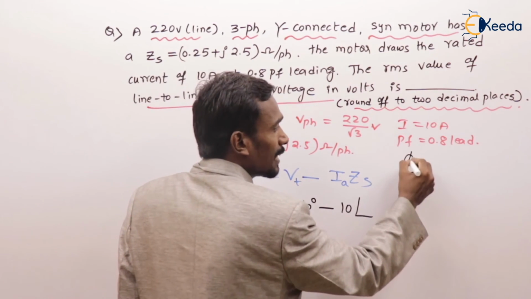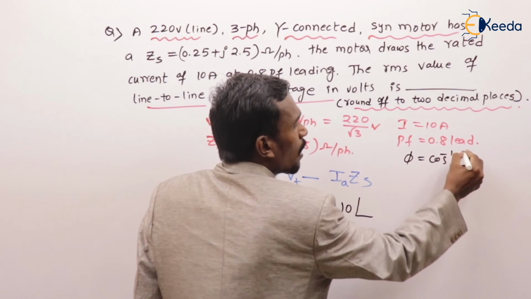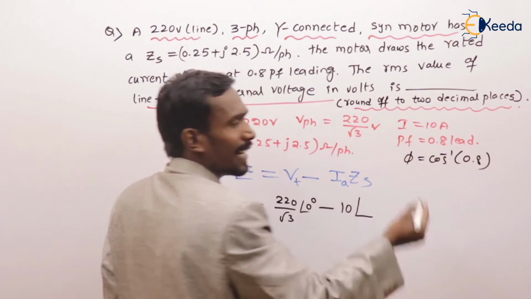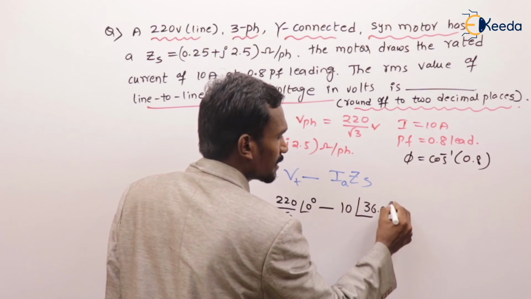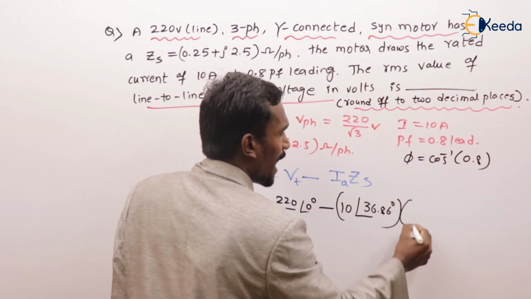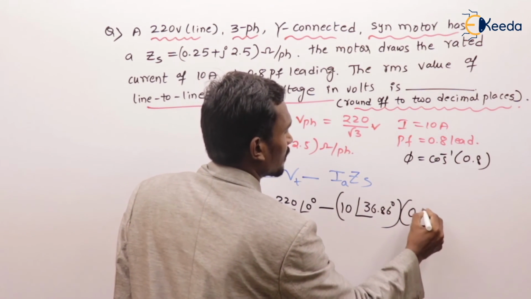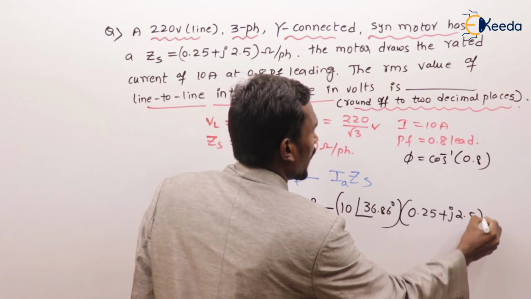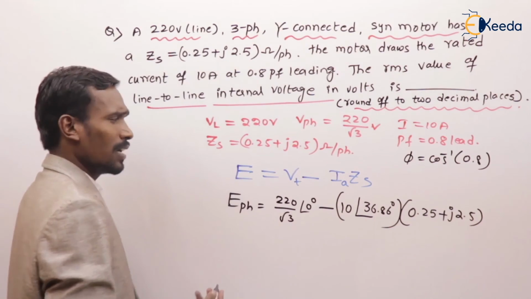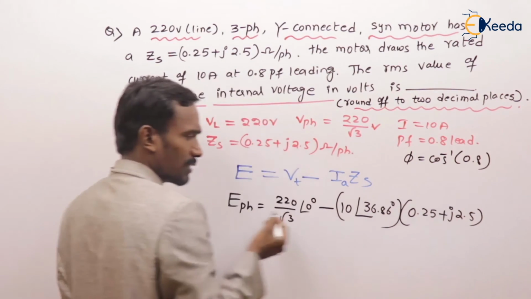0.8 leading, nothing but phi is equal to cos inverse of 0.8. How much is it? 36.86 degrees. And Zs is 0.25 plus j2.5. We have to solve this.